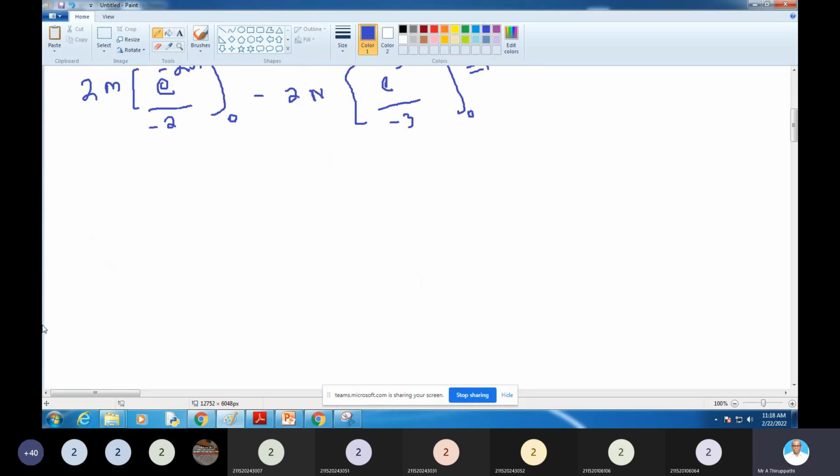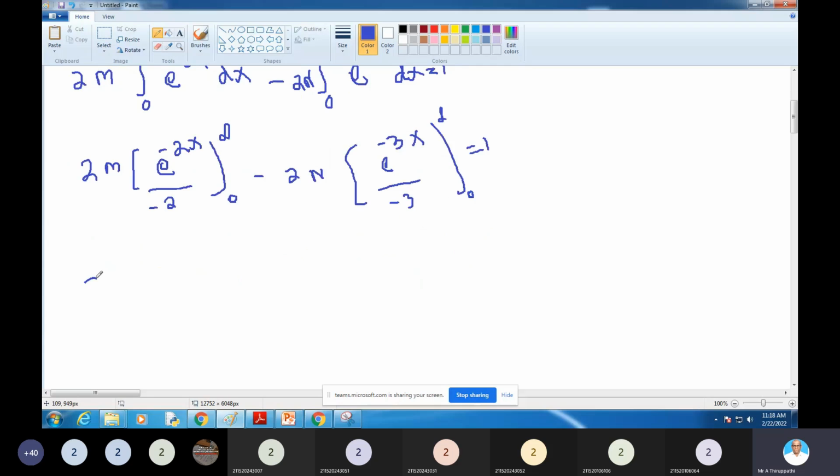First put in the upper limit: e to the power minus infinity is 0, minus e power 0 is 1, times 1 by minus 2.